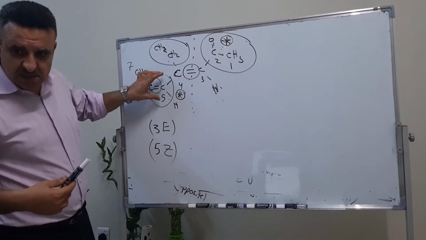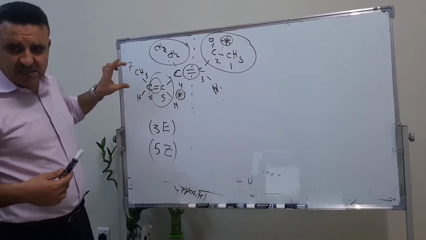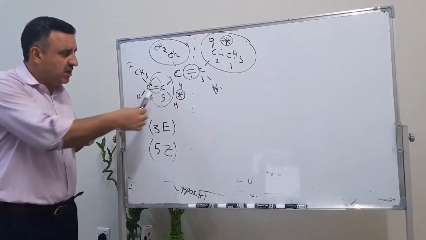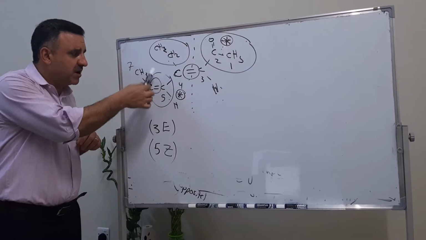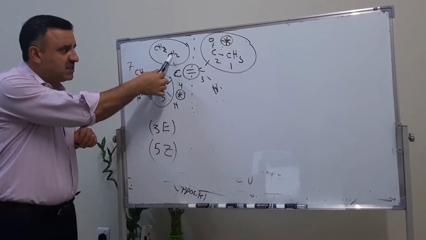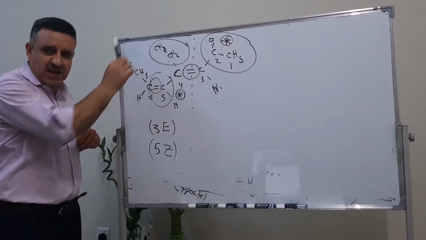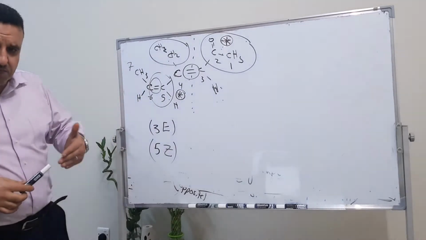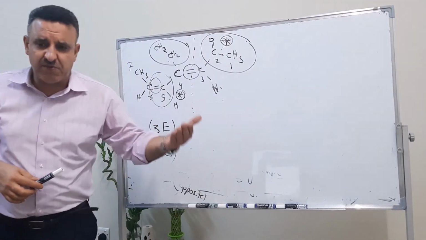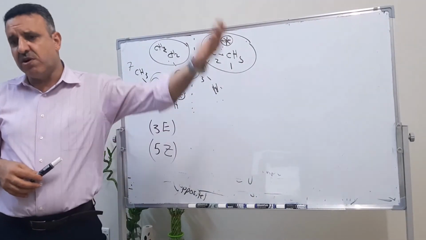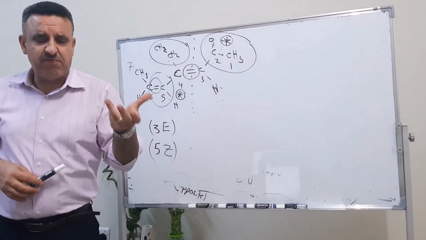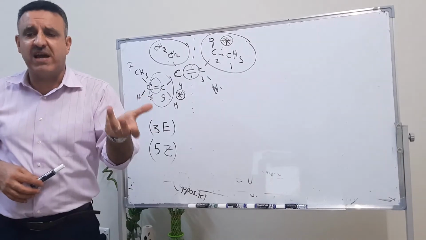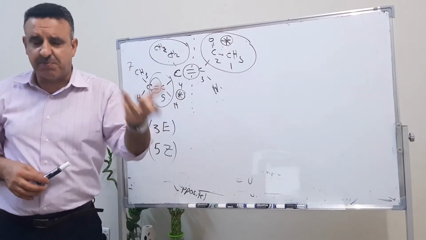When we analyze this according to the rule, we discover that this carbon is attached to carbon, carbon, hydrogen, while this here is attached to hydrogen, hydrogen, carbon. That's why. If you forget this rule, please go back to chapter 5 and see how we analyze the priority of the atoms.